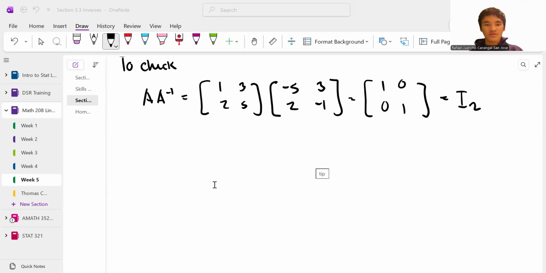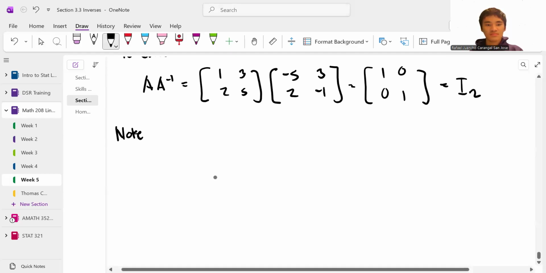So here's a quick note. If A is invertible, the procedure works. So this method works.